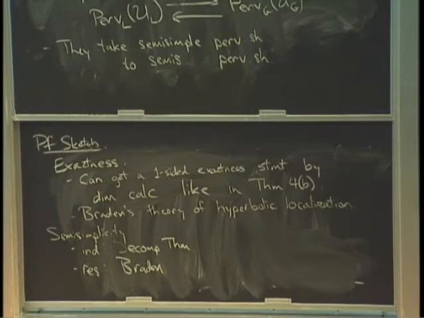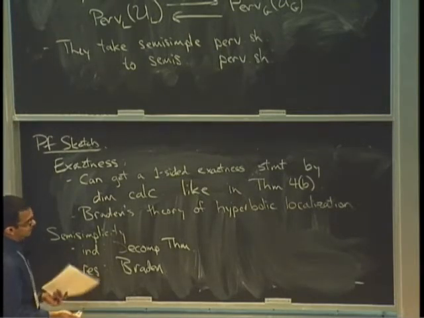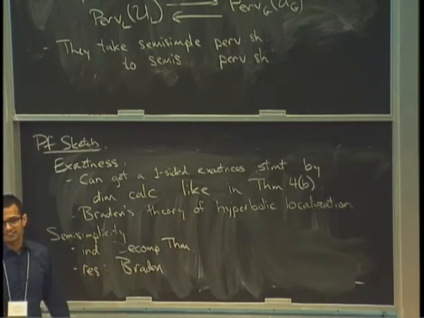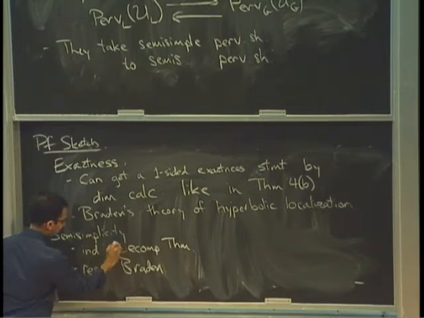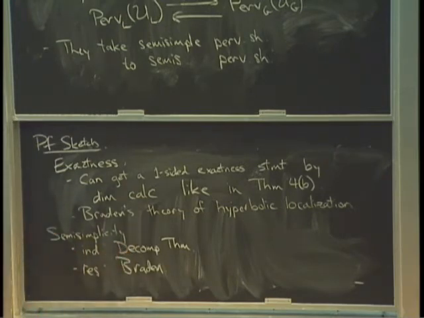One thing that Braden proves, as part of his work showing that these two opposite-looking functors are actually isomorphic, is that they preserve weights. They take pure objects to pure objects. So that's exactly the kind of thing that's going on in the decomposition theorem as well.